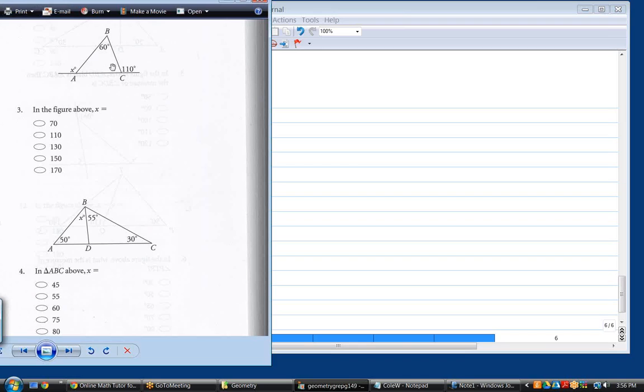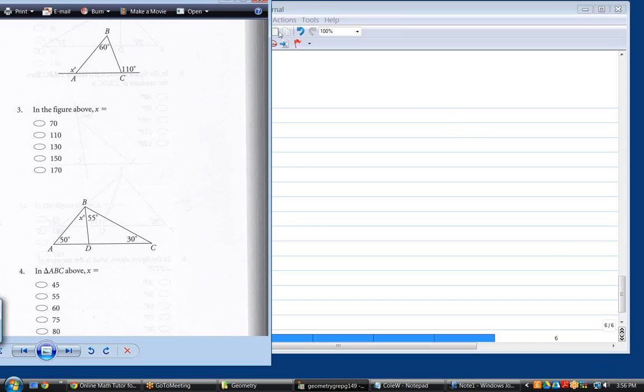You're never going to be able to figure it out immediately. This is 70. So what is x now? It's got to be the sum of this one and this one. So if this is 70, then x has to be 130.